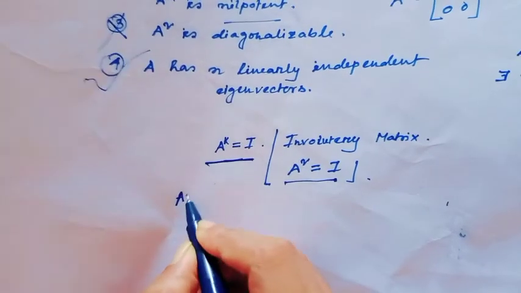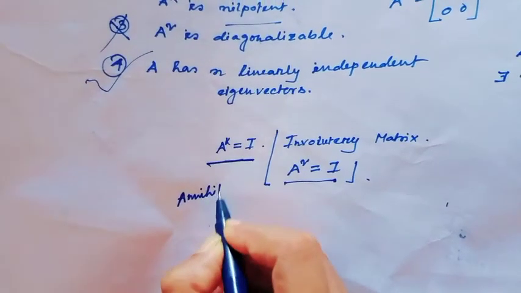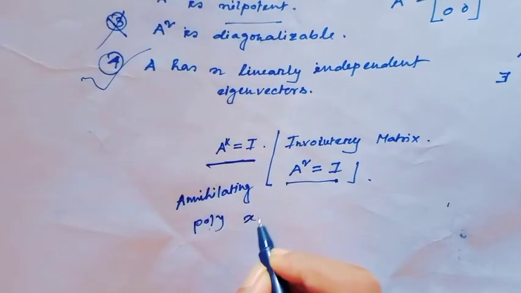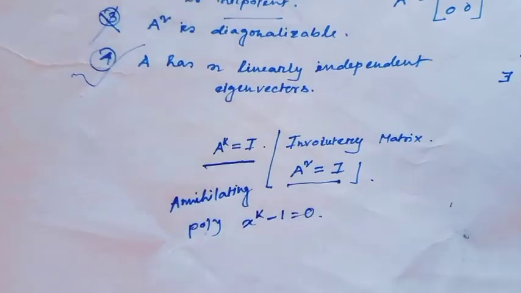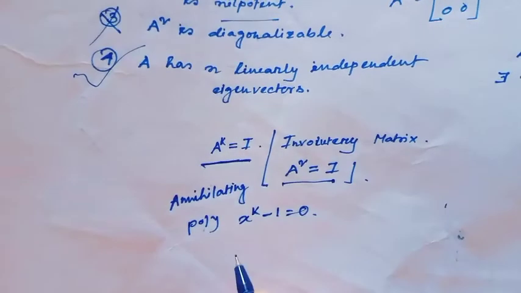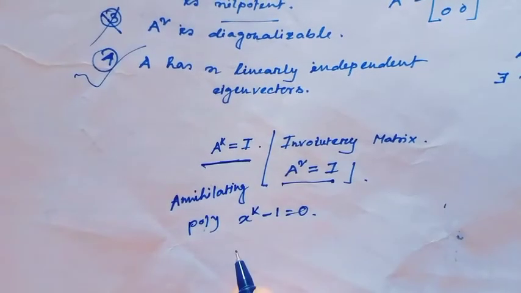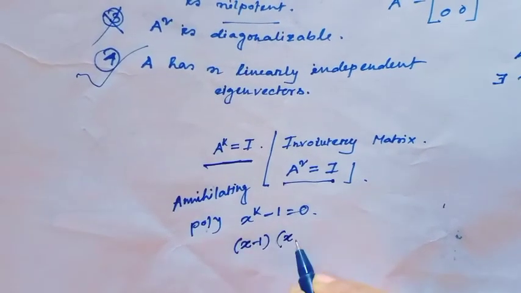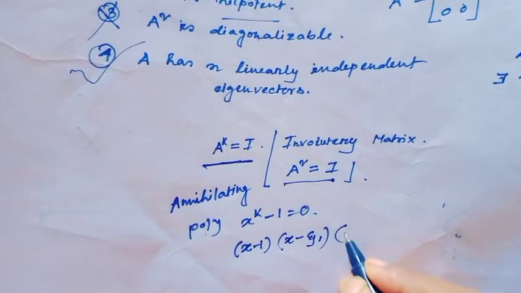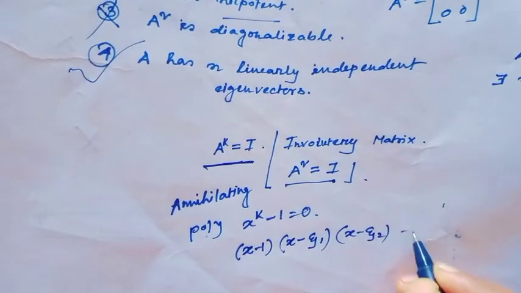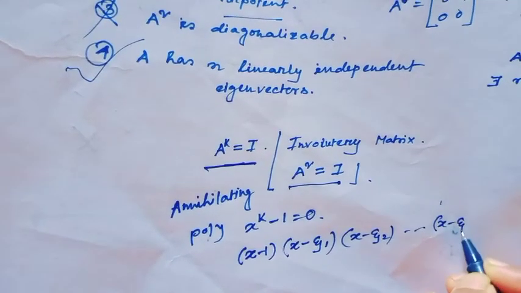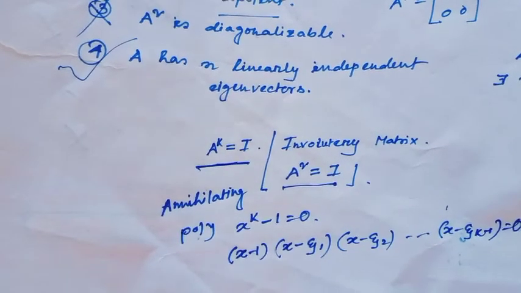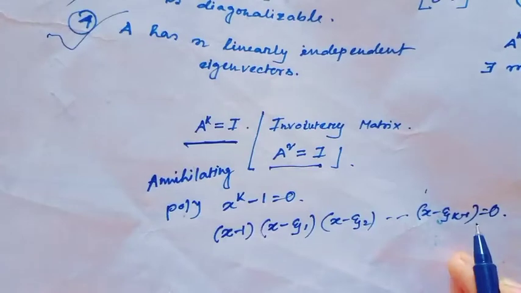That means the annihilating polynomial is x to the power k minus 1 equal to 0. This means (x minus 1)(x minus j1)(x minus j2) up to (x minus j_{k-1}) equals the zero matrix. And this is the annihilating polynomial.